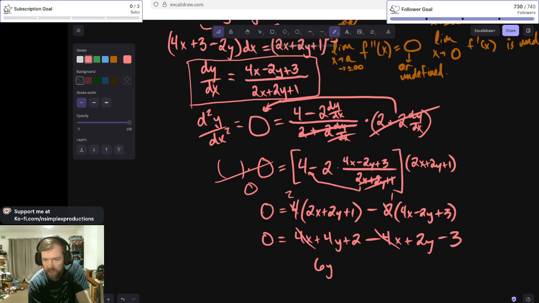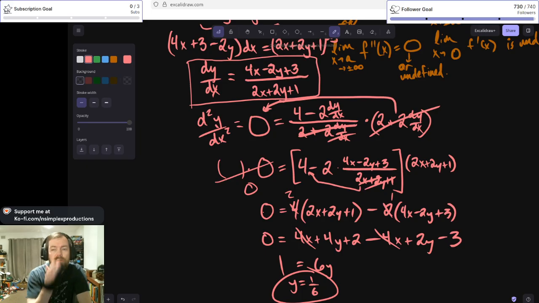And then that's going to get a minus 1, so that's equal to 1, so y equals 1/6. And then where it's undefined, I guess, is the other one.